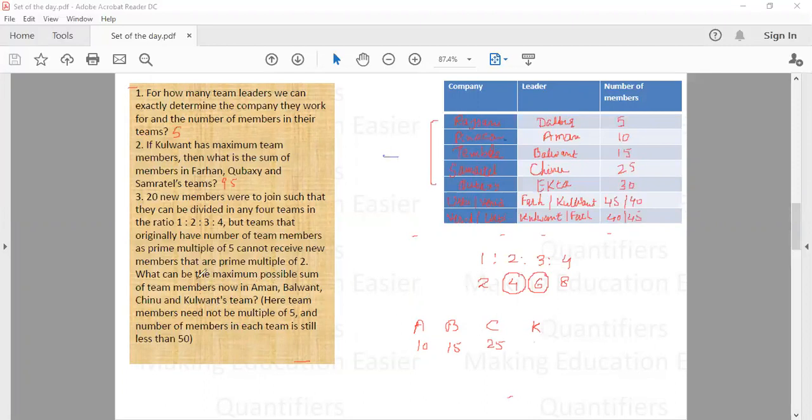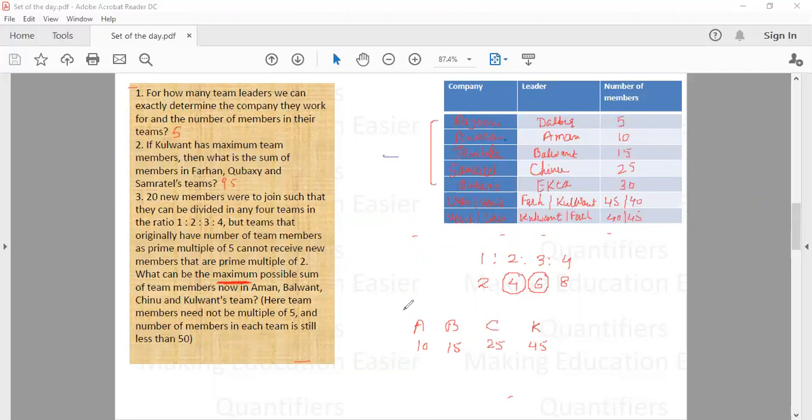But the question says, what can be the maximum possible team members? Now, if I need to maximize the number of members in the teams of these 4 people, I have to take the number of members in Kulwant's team to be 45. Only in that case can I get the maximum number of members, right? So instead of 40, I will take 45 members in Kulwant's team.